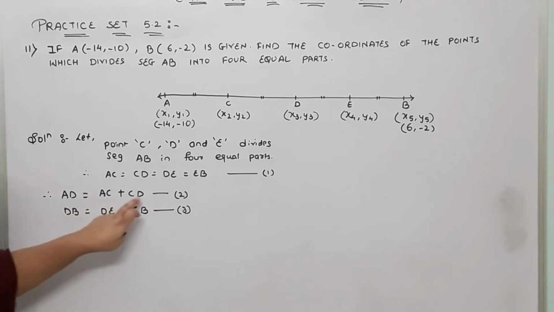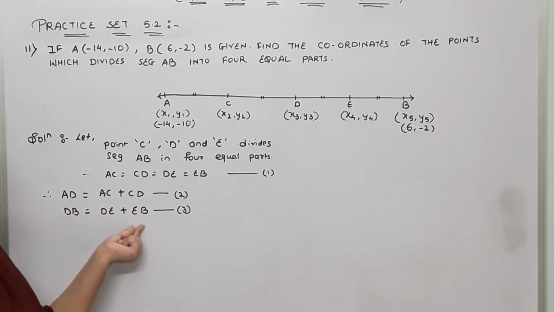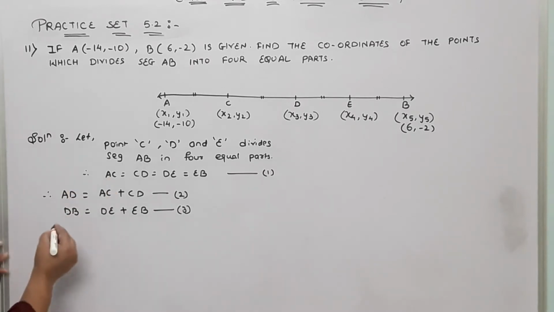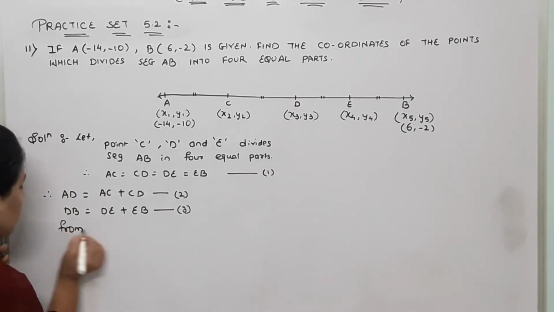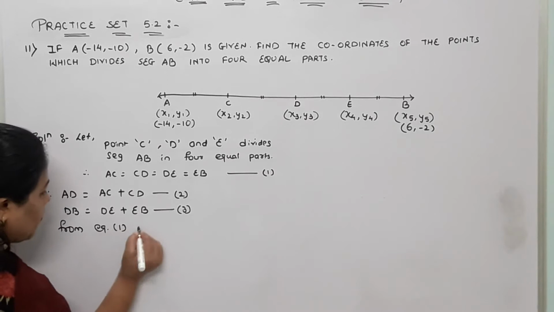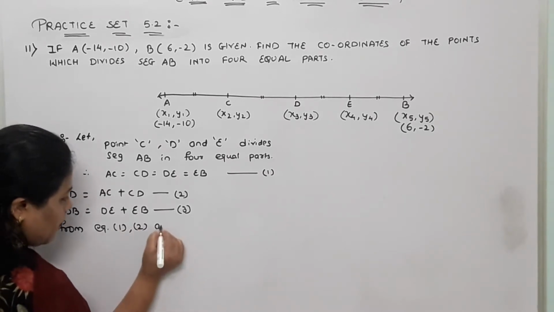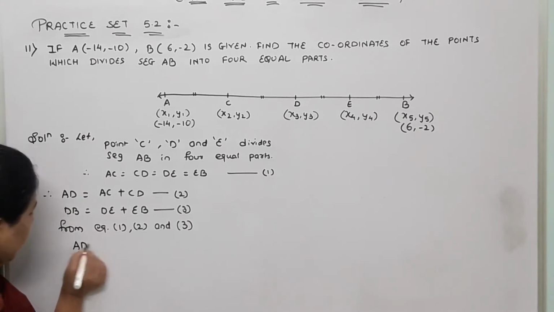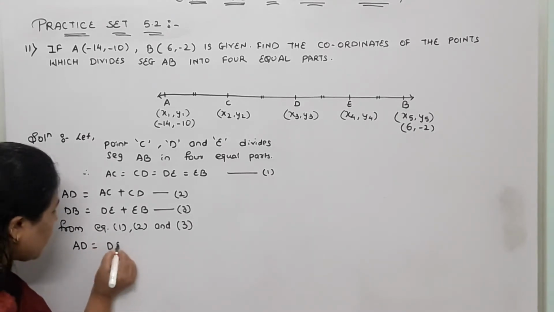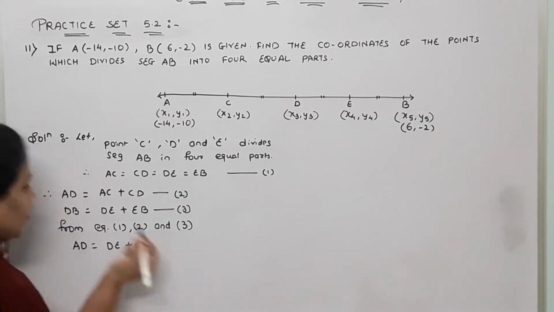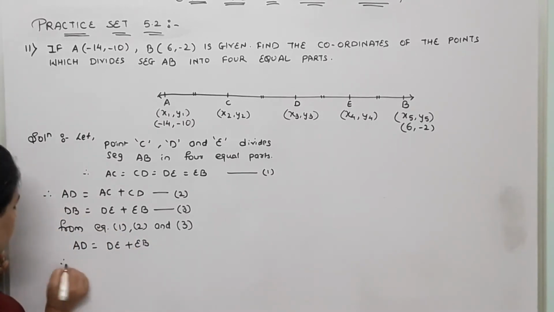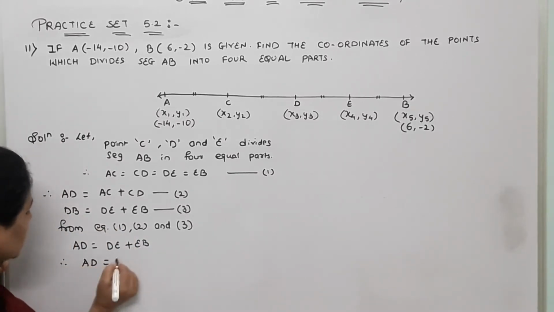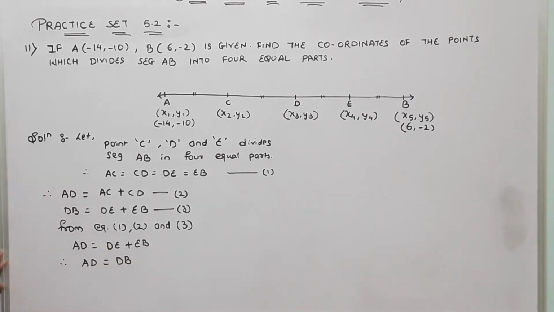So instead of AC and CD, I can write DE plus EB here, right? So from equations 1, 2 and 3, AD is equal to DE plus EB.